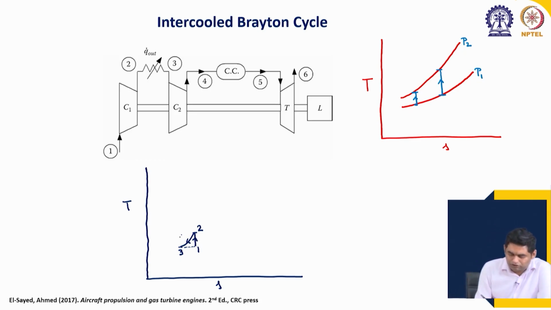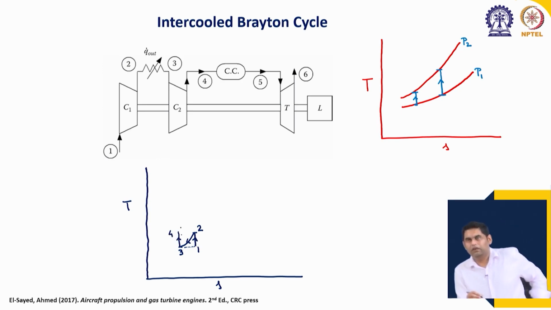After this there is a second compression process going from 3 to 4 to take the partially compressed air to the required combustion chamber pressure, or the turbine inlet pressure, up to 4.